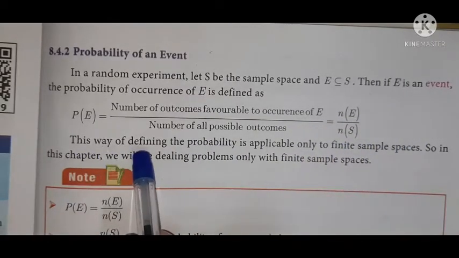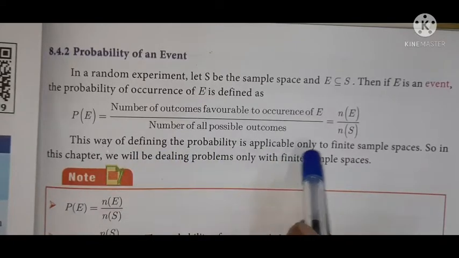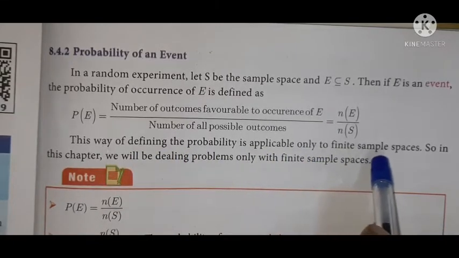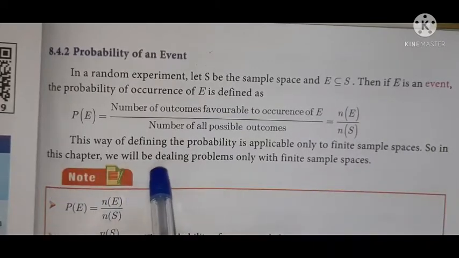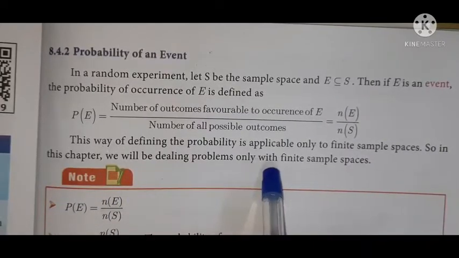This way of defining probability is applicable only to finite sample spaces. So, in this chapter we will be dealing with problems only with finite sample spaces.